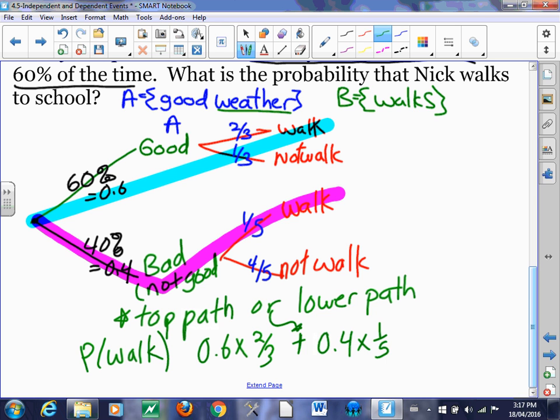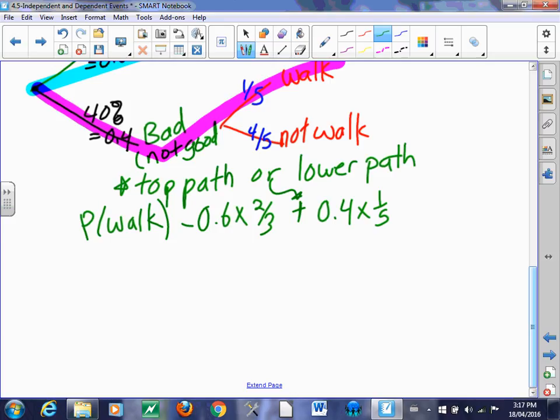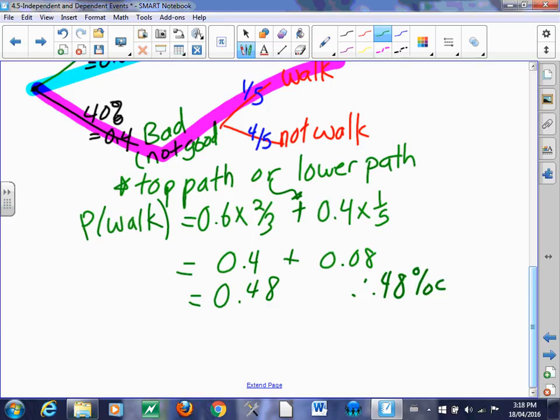Okay, so let's get our calculators out, folks. I forgot my equal sign, sorry. Okay, so plugging this in your calculator, you should be able to get 0.4 plus 0.08. Add those together, 0.48. So therefore, there's a 48% chance Nick will walk.